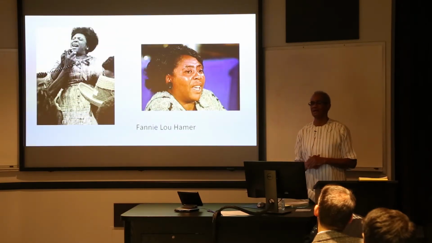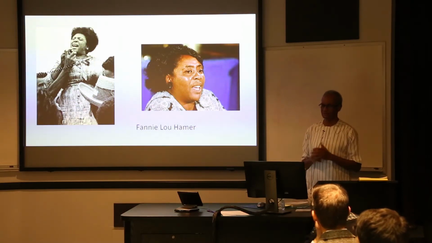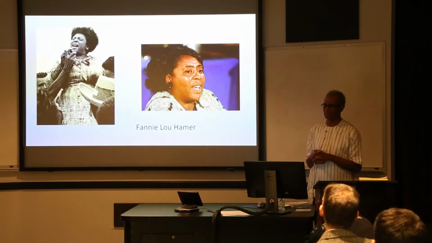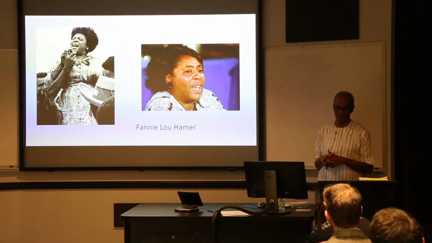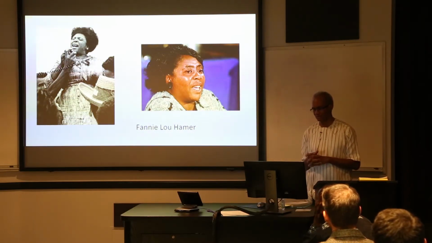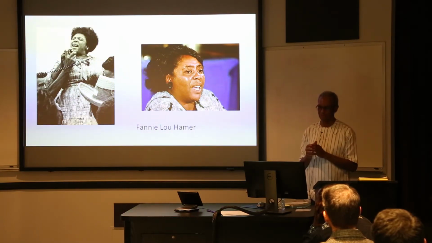Fannie Lou Hamer, this is somebody very, very dear to me. I met her first at Dartmouth. I went and worked for the MFDP in Washington, D.C. And then my second year after graduation, I was in France on a Fulbright, then I was at Oxford.